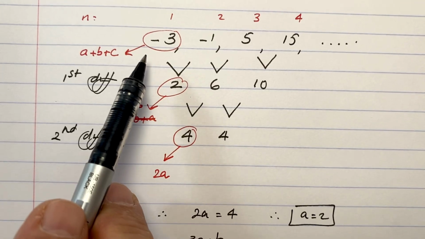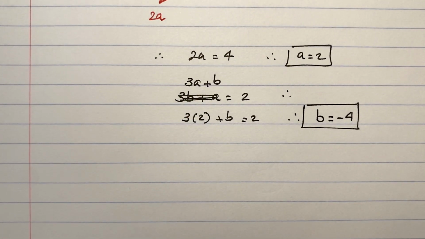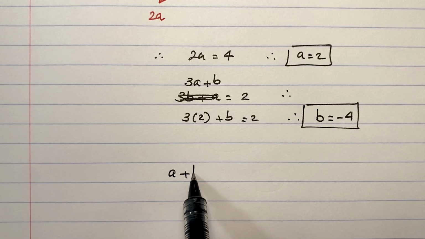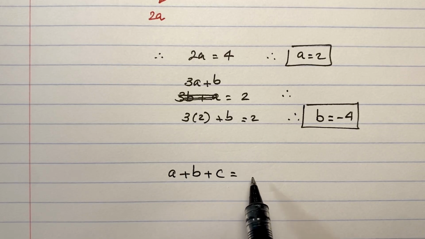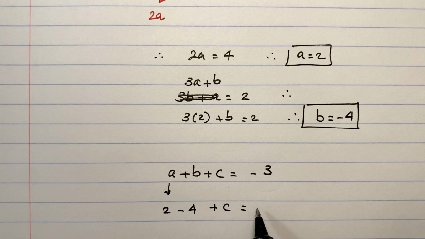Then going to the last clue, that a plus b plus c equals minus 3. Now let's replace. a is 2, b is minus 4, plus c. Here we have minus 2, therefore c equals minus 1.